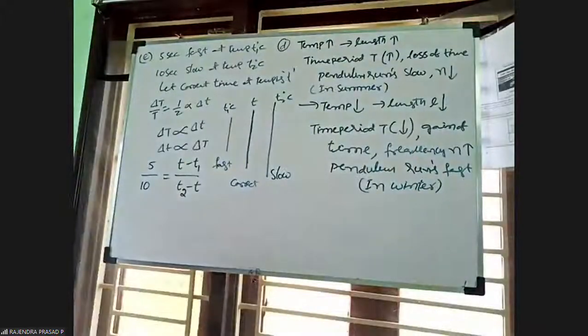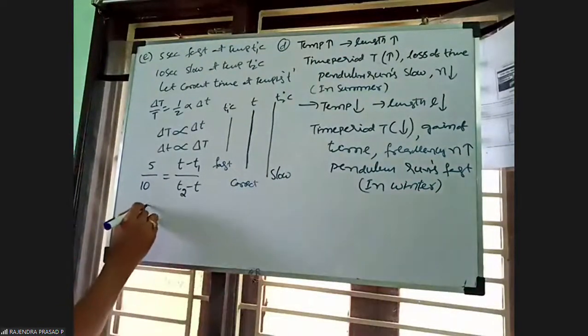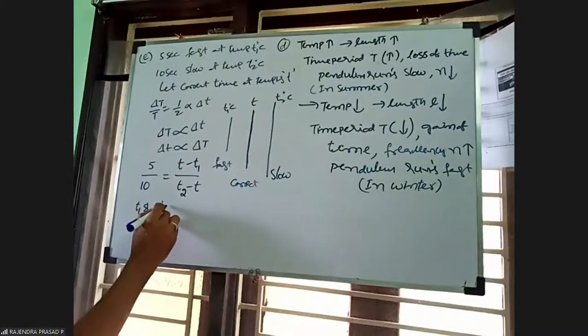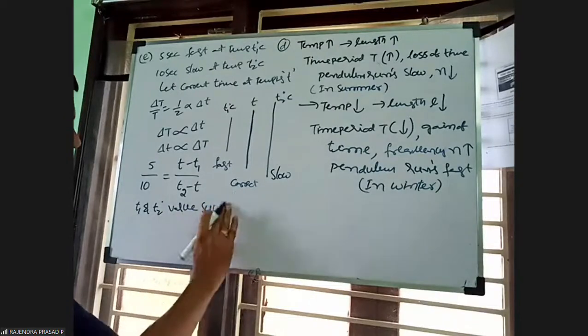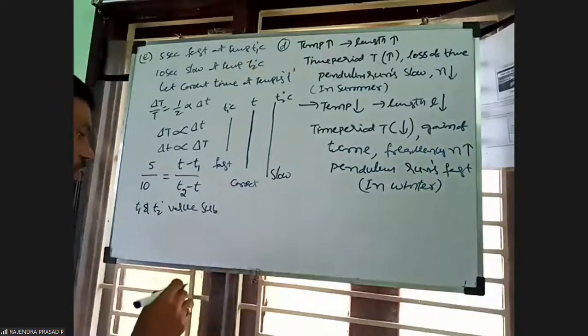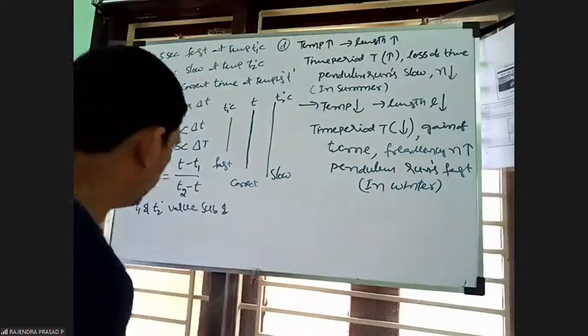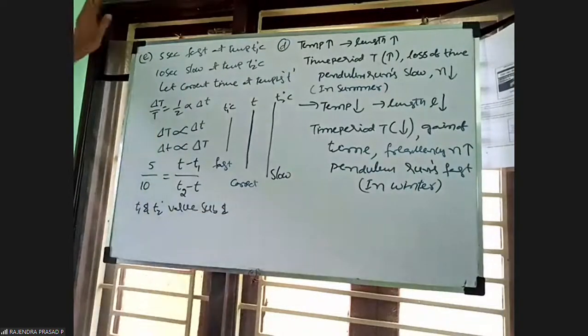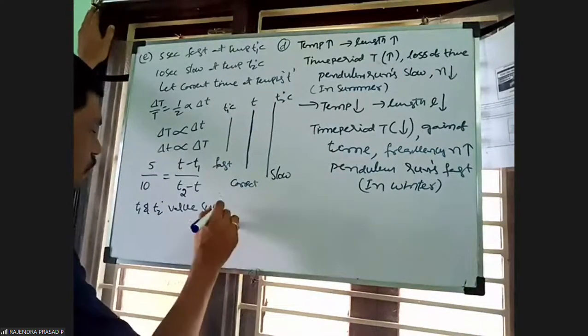So therefore, T1 and T2 values substitute and simplify. And the T value, say 20 degrees Celsius, substitute and simplify.